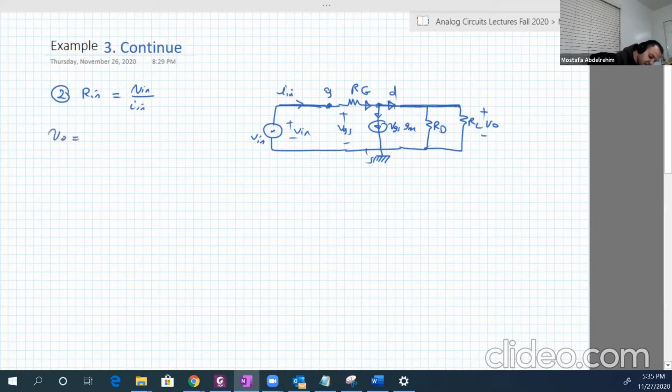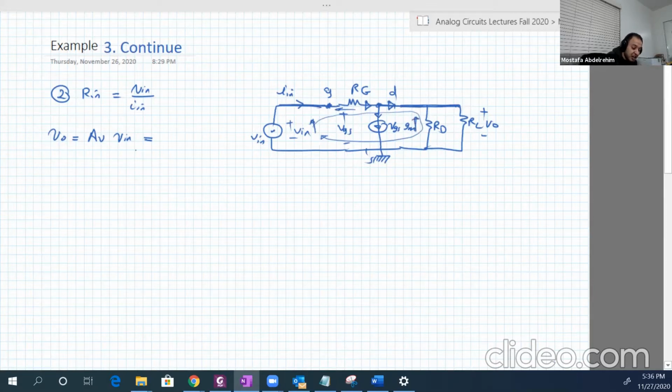Remember, V output is AV V input, and from Kirchhoff's law in that big loop, we will find that V input equals the voltage across RG plus VO.